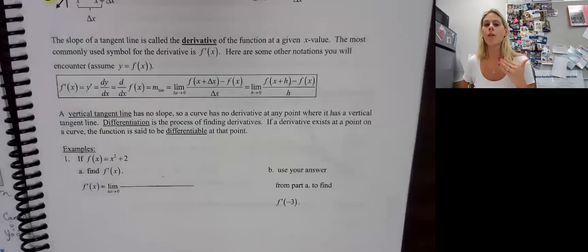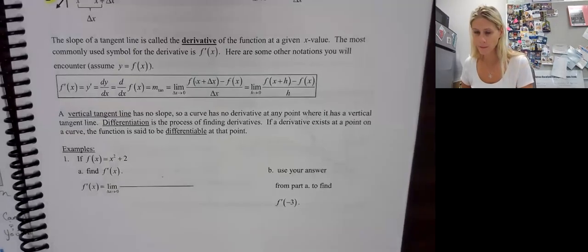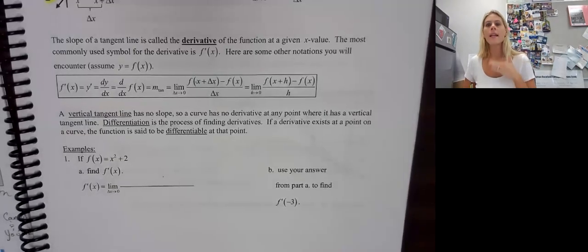We can differentiate it. It has a derivative. You see all those there? Now, that's if it exists. If the derivative does not exist, it is not differentiable. It doesn't have a derivative. That slope is undefined, or you'll find out in other cases what can't be differentiable later, okay?